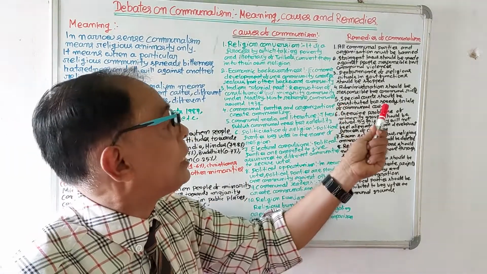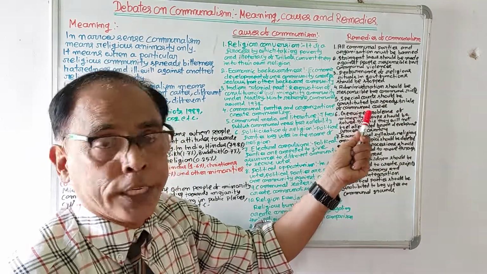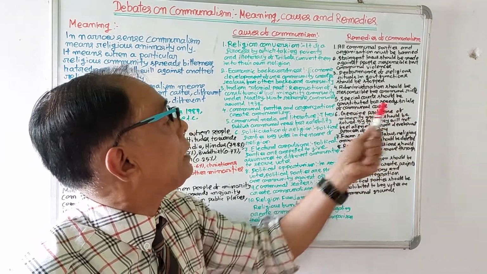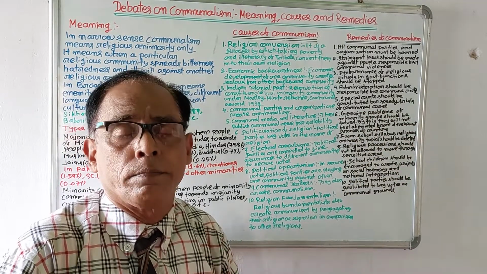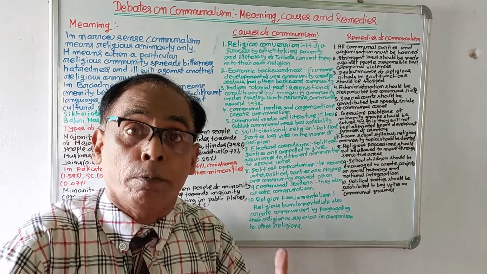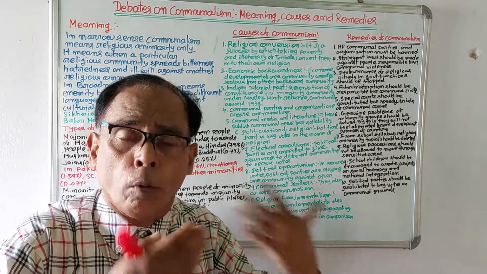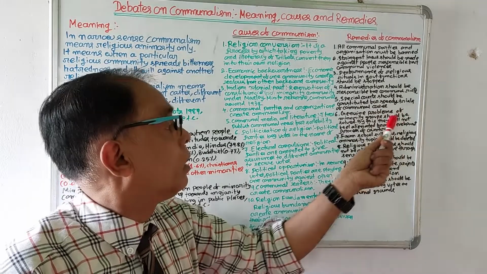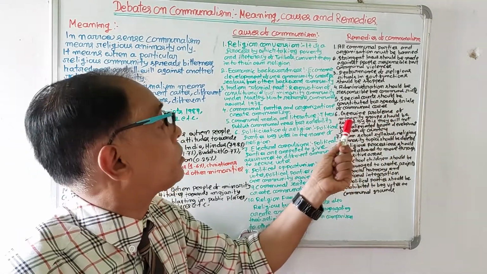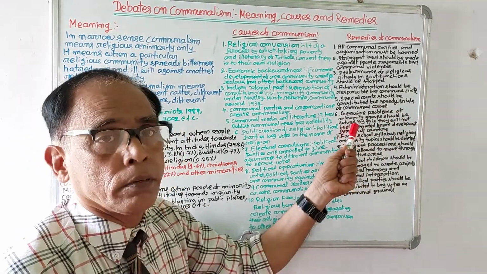Number 5, a special court should be constituted for speedy trial of communal cases, in order to solve communal cases quickly. Number 6, genuine problems of minority groups must be solved.